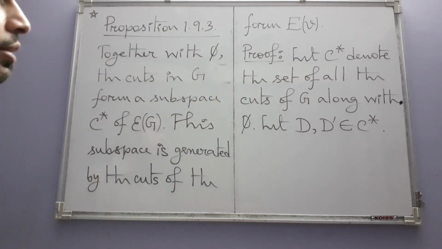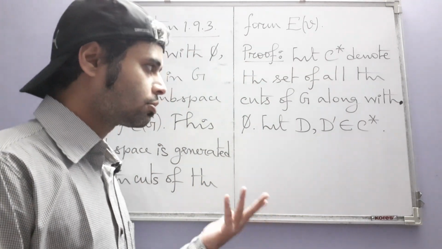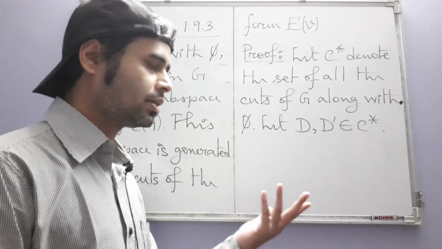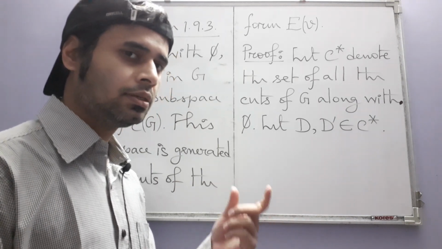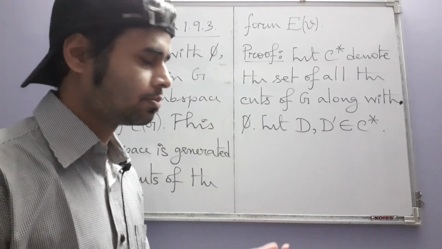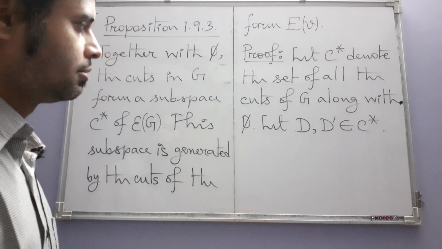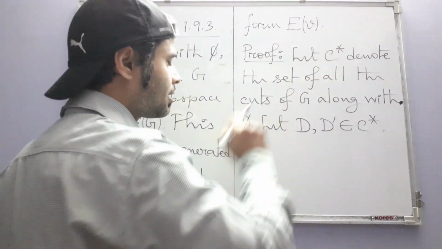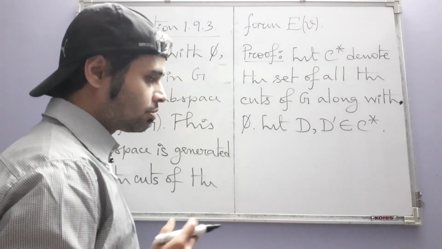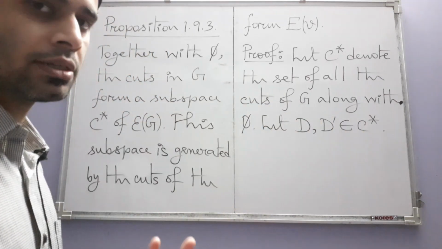Note one thing very carefully. In order to show that a subset of a vector space is a subspace, you have to first of all make sure that it's a non-empty subset. If you have the empty subset, you cannot do anything with it. Our C star is non-empty. We don't really know whether G has cuts or not, or whatever the situation is.